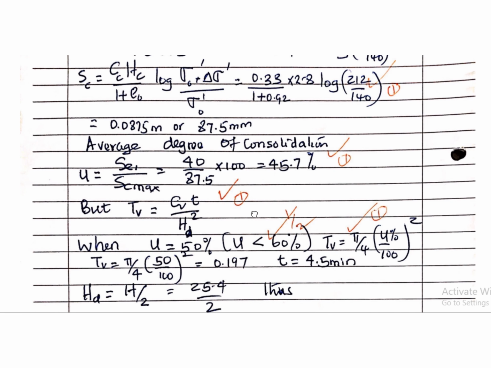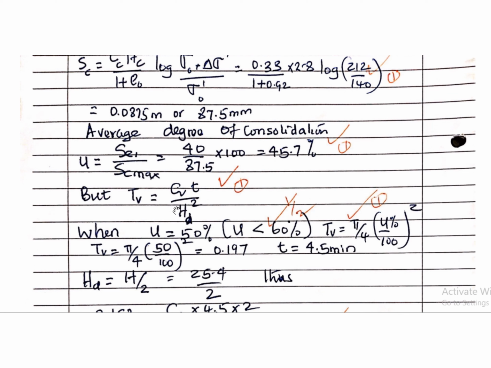Then we know that the time factor is Cv times the time divided by the drainage path squared. We are going to use this formula in two ways to get Cv, because we don't know what Cv is. We were told that to reach 50% consolidation, the time taken is about 4.5 minutes. Then we can substitute. We know that when consolidation is less than 60%, the time factor is calculated with the formula shown.